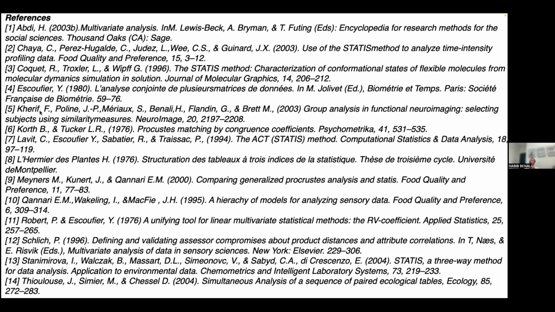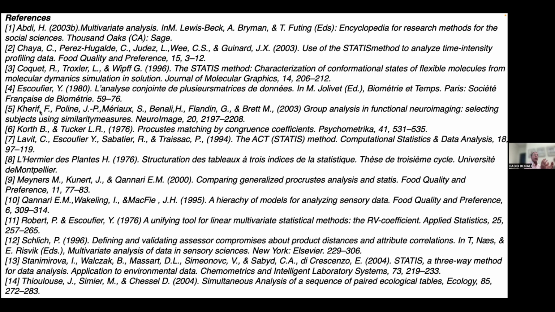This approach, as you can see, is really a generalization of the PCA technique. It's PCA at a higher level. But at the same time, we can compare this technique to a technique like canonical analysis.